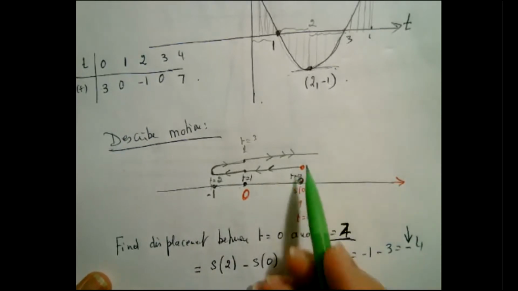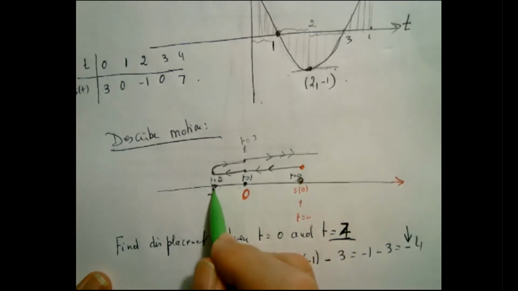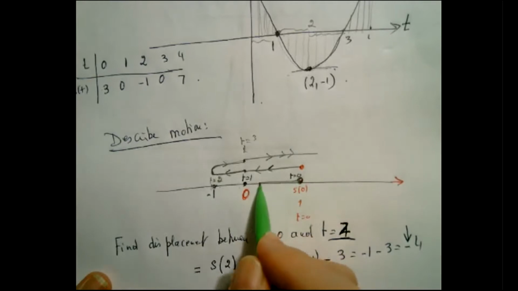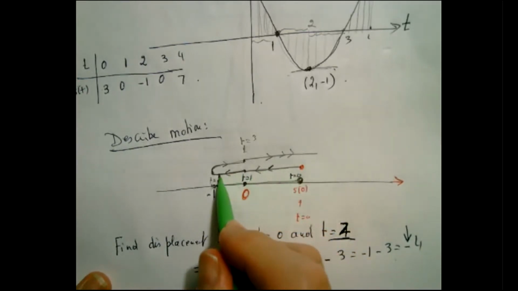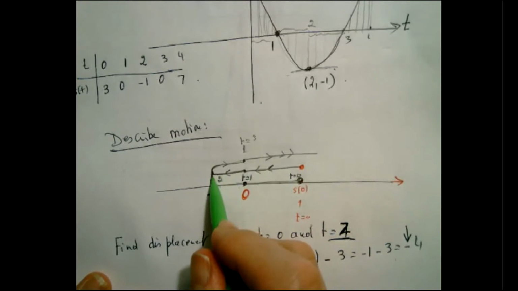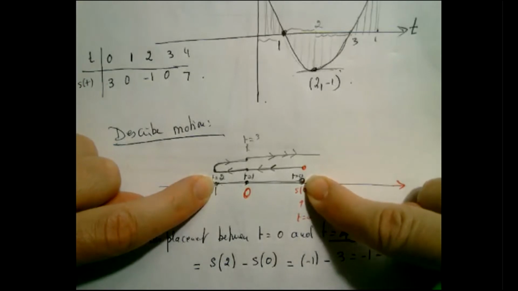It means the object was here and it moved in the negative direction, or to the left, by 4 units. And that's important, the -4, because it's telling me the direction in which it's moving. That's what the picture is really telling me.